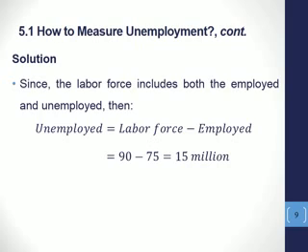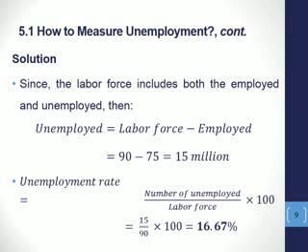So here we get the number of unemployed is equal to 15 million. Now we can calculate the unemployment rate. Unemployment rate equals what? Number of unemployed 15 million divided by labor force 90 million times 100, which is equal to 16.67%. So we can say now that 16.67% out of the labor force are unemployed.